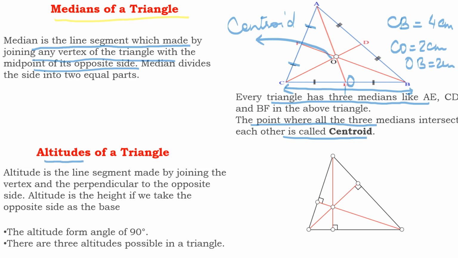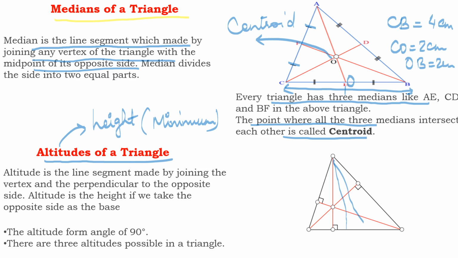Now, the altitude of a triangle. Altitude, in simple words, means height. Height means the minimum height. If I talk about this triangle, even this will give you a height, this will give you a height, but the perpendicular drawn gives you the minimum height. So what is the altitude?